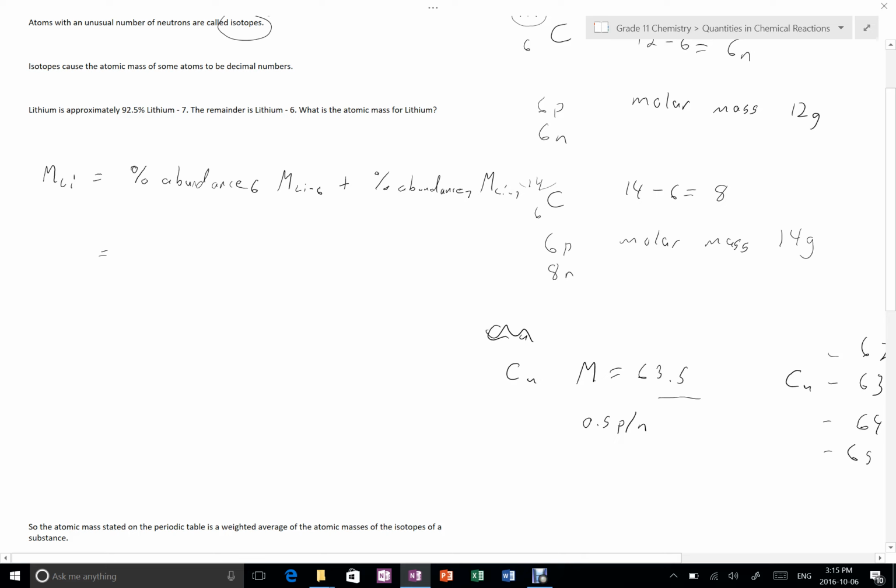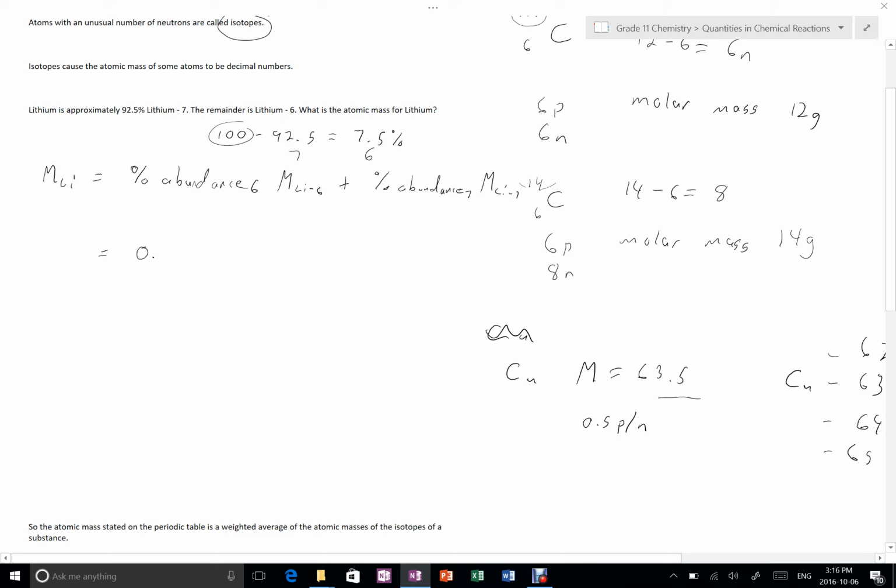So here, let's just do a little thing here. 92.5% of it is lithium 7, and all the rest is the other one. That means that 7.5% of it is lithium-6. So we had 100 minus the part that was 7, and that leaves us with that much for 6. So the percent abundance, 7.5%.